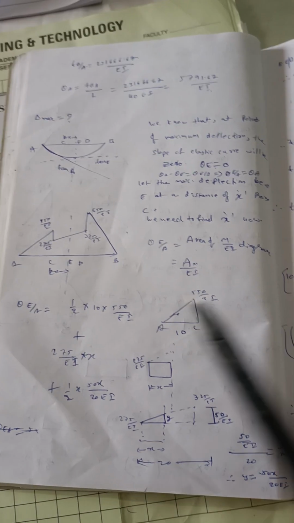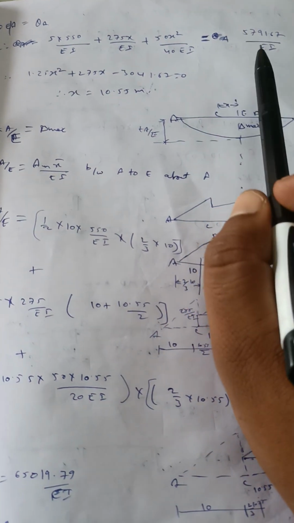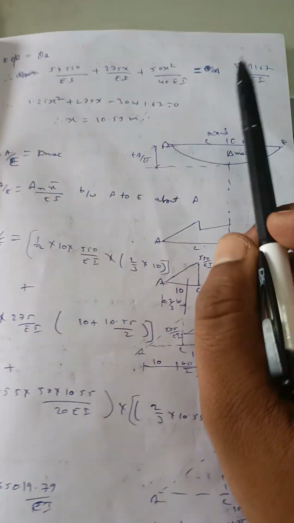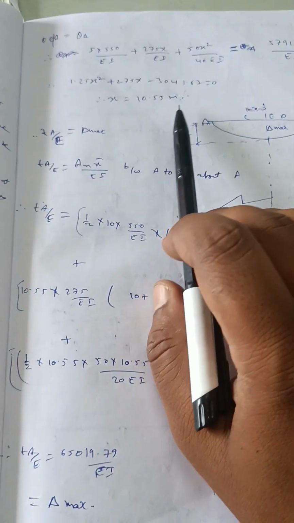This is your theta E by A, but theta E by A equals theta A, so I am equating this to theta A, which we have already found. From here we can find x.